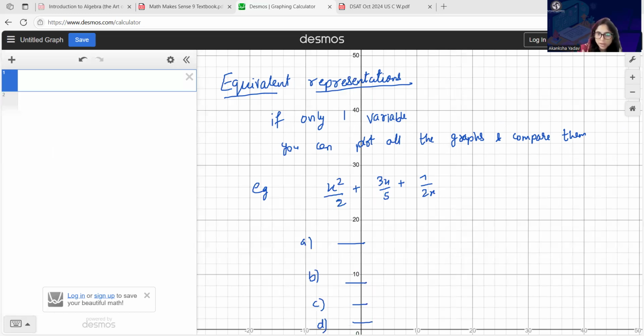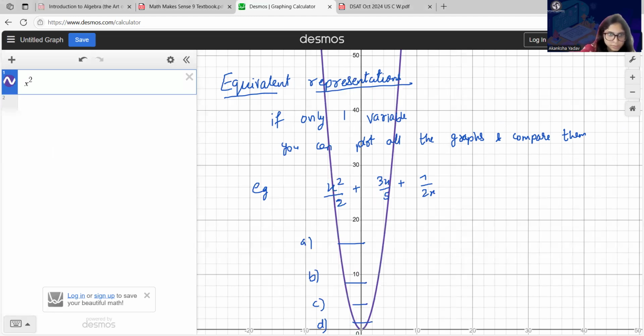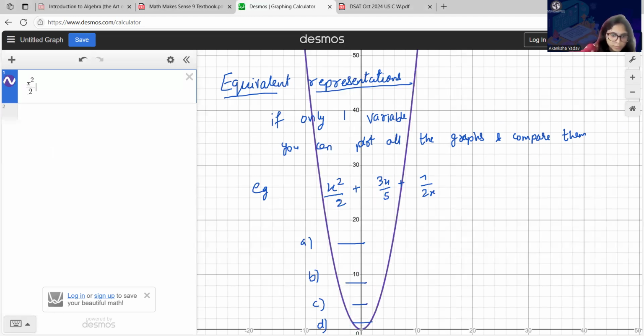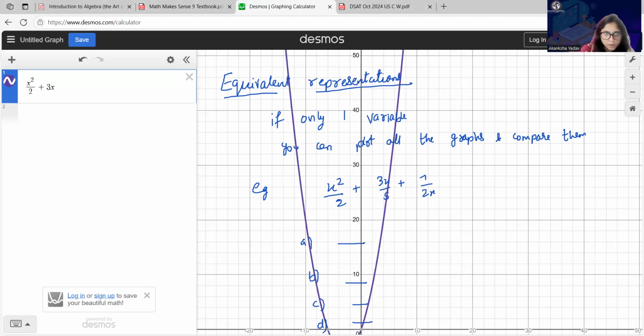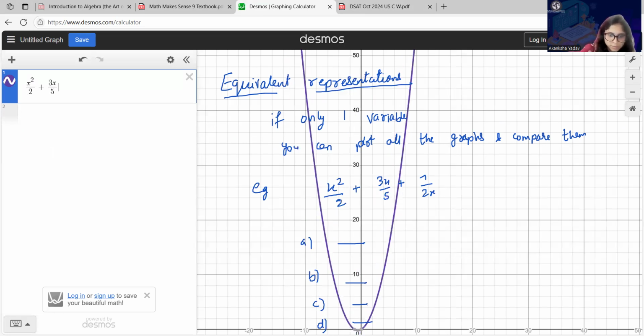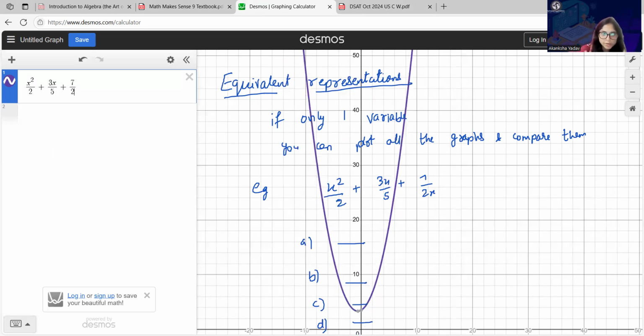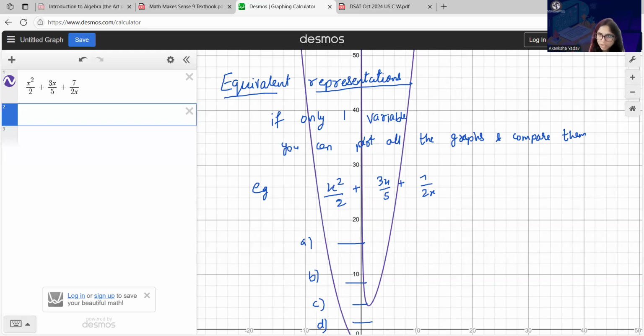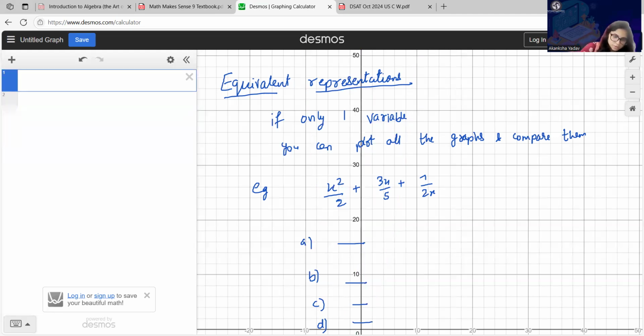So what you do, you type x squared over 2 plus 3x over 5 plus 7 over 2x over here, you will get a graph. And then whatever options you have, you plot those graphs as well. And where they exactly match, that is your answer. Got it? So you can write this down and then we'll see what if there are more than one variable.